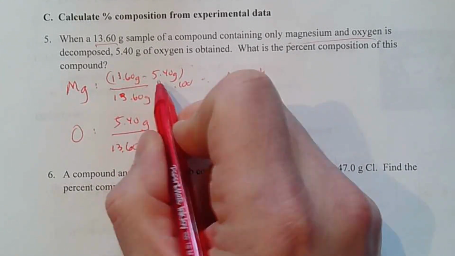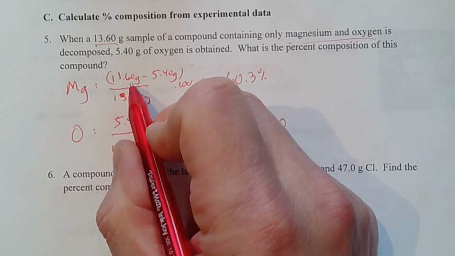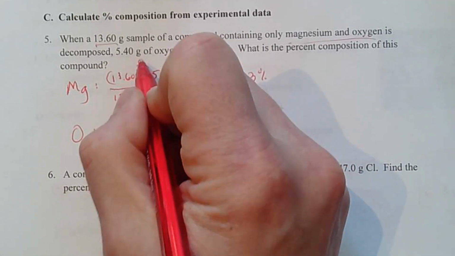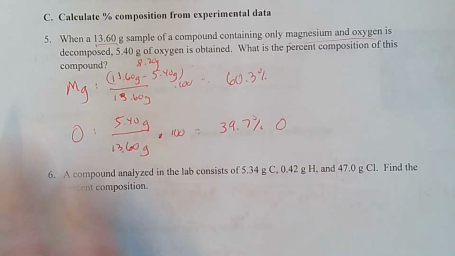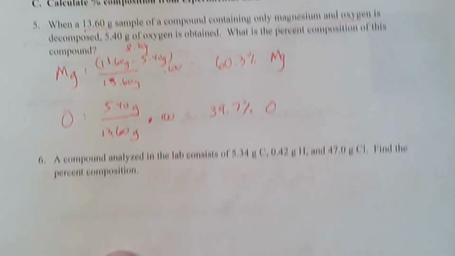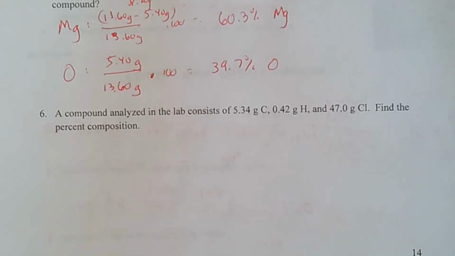Or you can do this as well, the 13.6 minus the 5.4. This up here becomes 8.20 grams, and then if you divide that by 13.6, you get 60.29%, or 60.3 rounded to 3 significant figures. Okay, so that's another style of problem that you might run into.